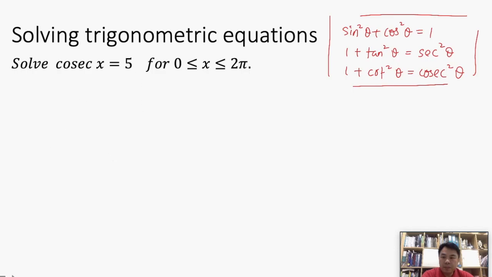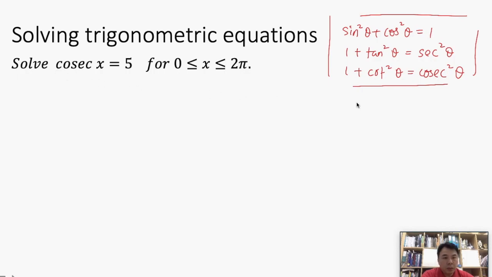You can read through the question here. It states that we need to solve cosecant x equal to 5, with reference to the domain for x lying between 0 and 2 pi radians. First of all, you need to recall cosecant.